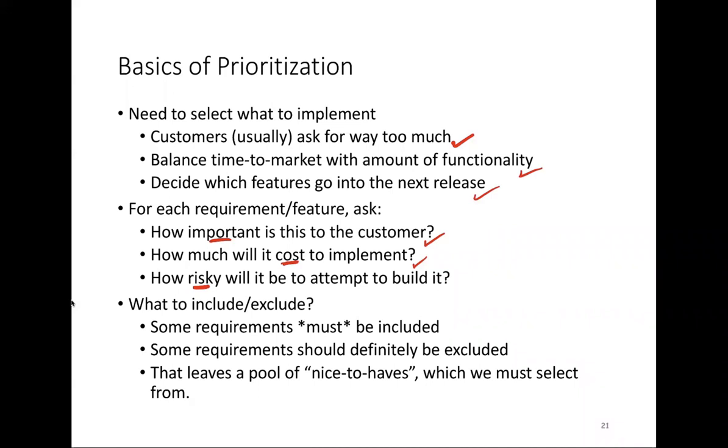In addition, once you identify requirements and assign priority levels to them, you have to decide which requirements must be included and which should definitely be excluded. That leaves us with a pool of nice-to-have requirements that we must select from at the end.